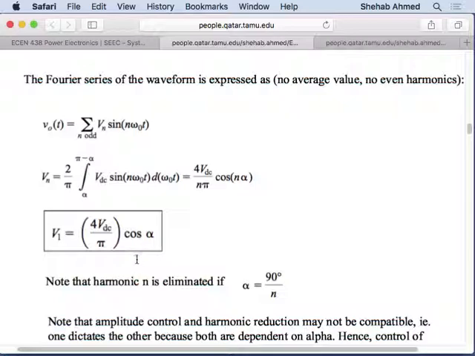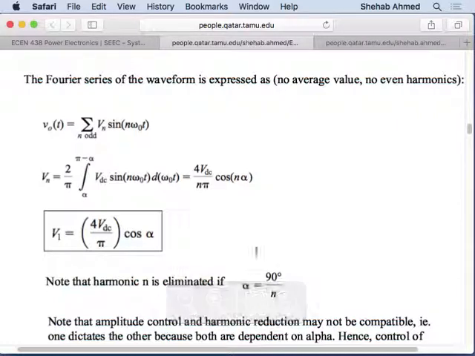For the nth harmonic, if I want to eliminate the third harmonic, what do I do? I want V3 to equal 0. Can I make V3 equal 0 using this value of nth harmonic voltage? If I make my cosine n alpha equal 0, then I can make V3 equal 0, right?